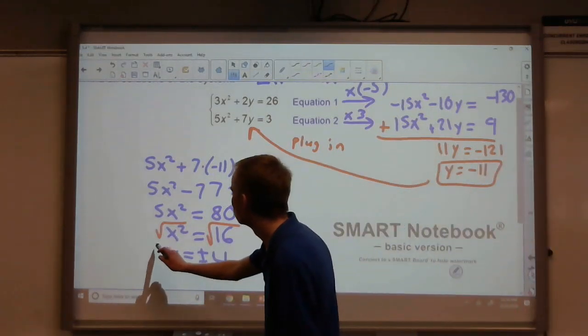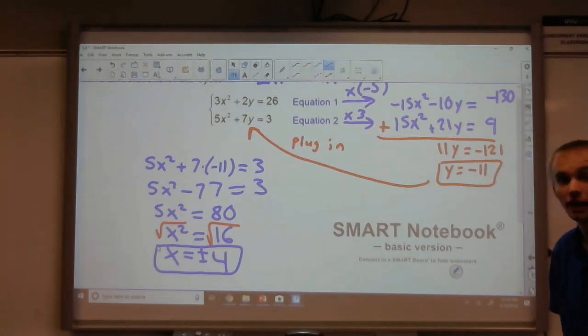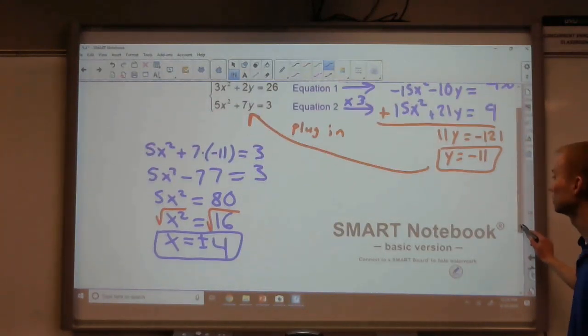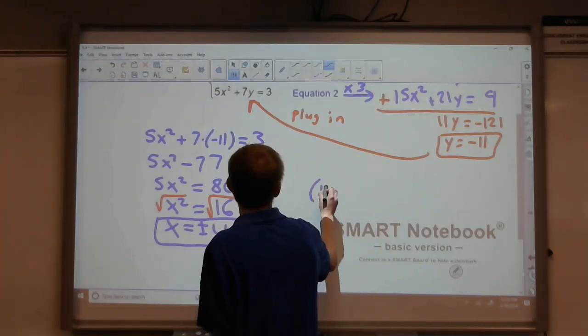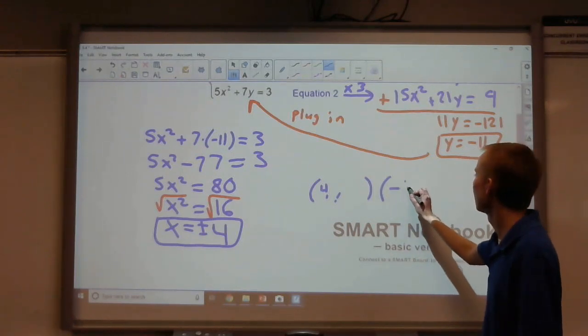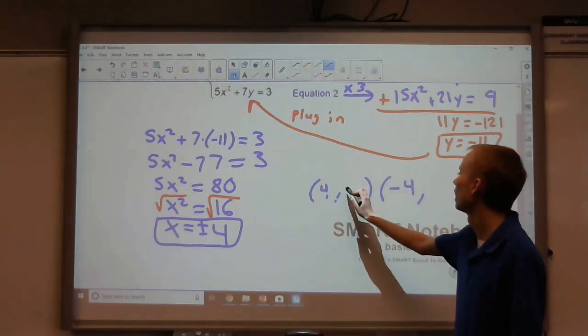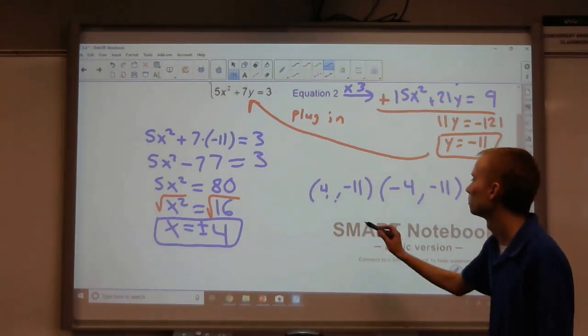So in the end, my answer from this should be points, right? So I just do my two x values. One of them's 4. The other one's negative 4. And then I've got negative 11, negative 11 are my y values.